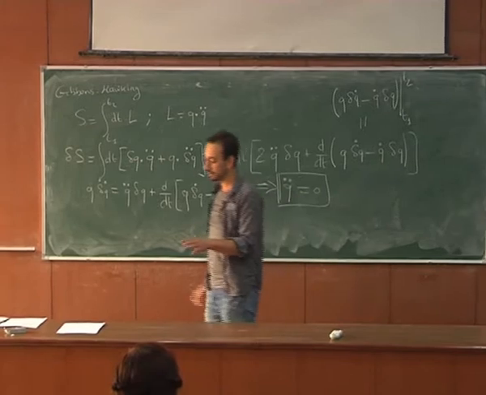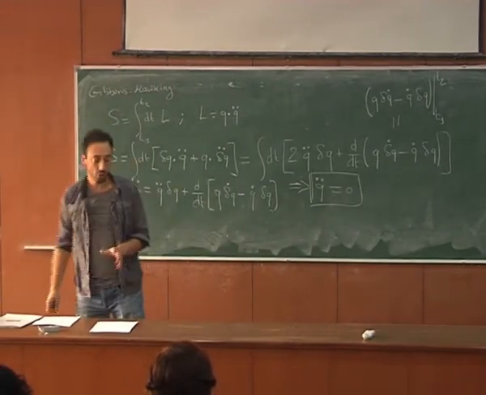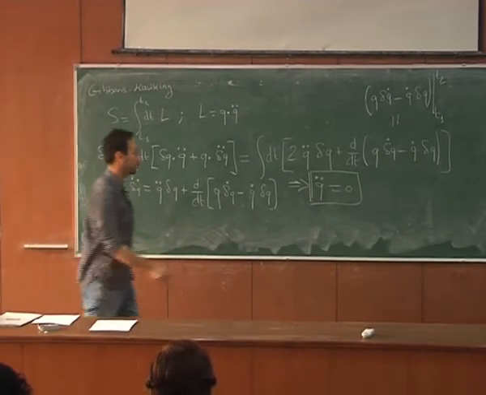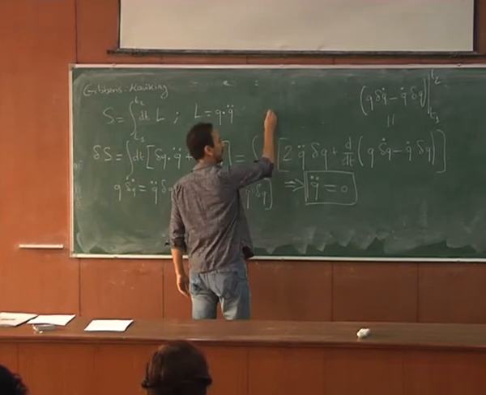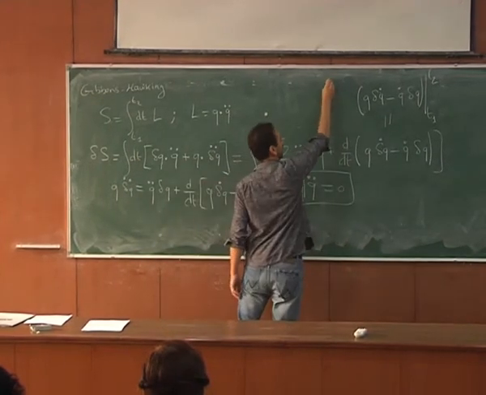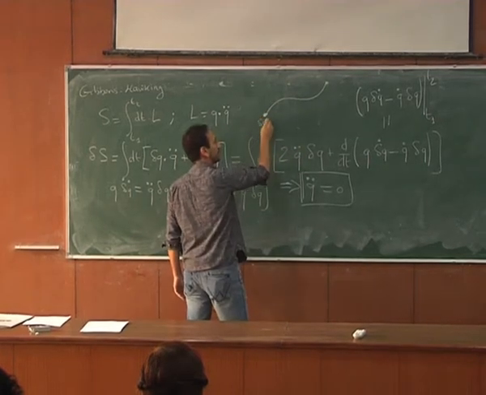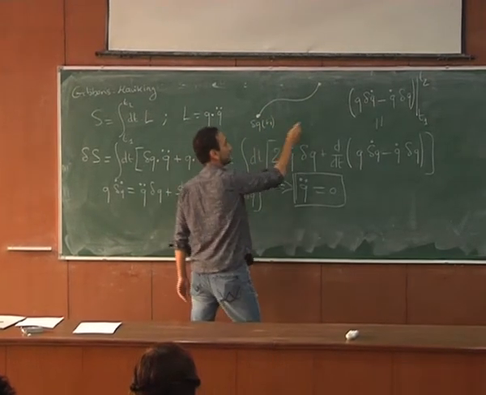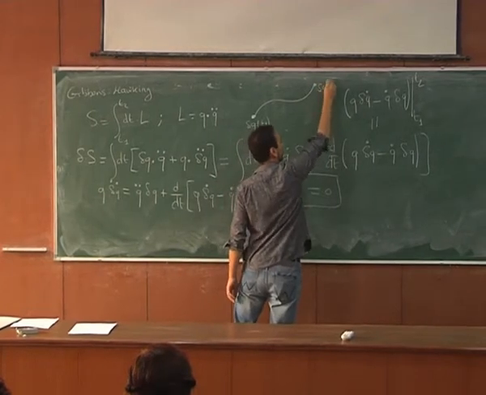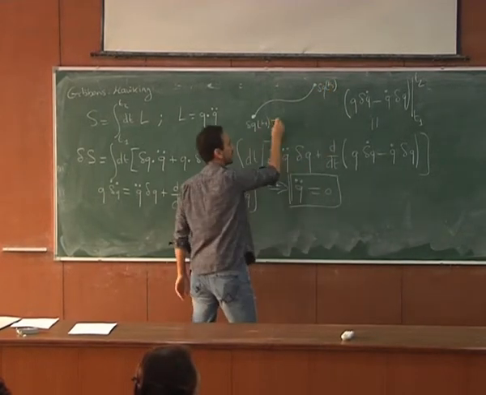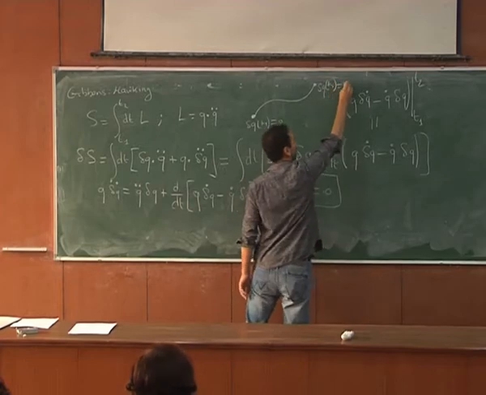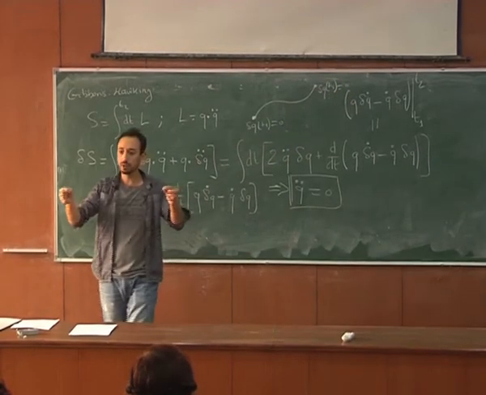The problem is we have two types of boundary condition. When we do the variation of an action, I can consider that delta q at T1 and delta q at T2 are equal to 0. So I fix my boundary conditions.